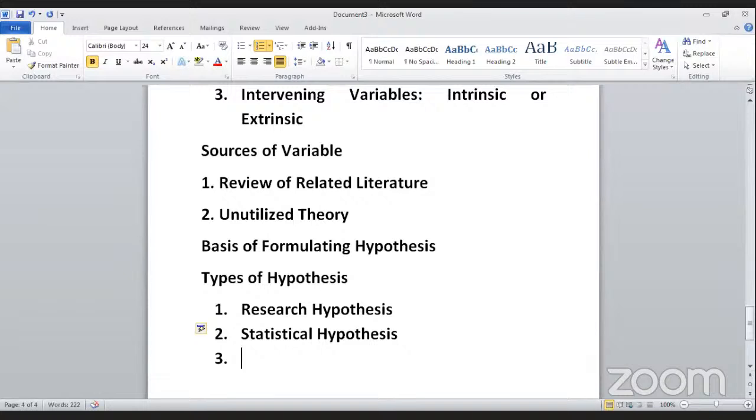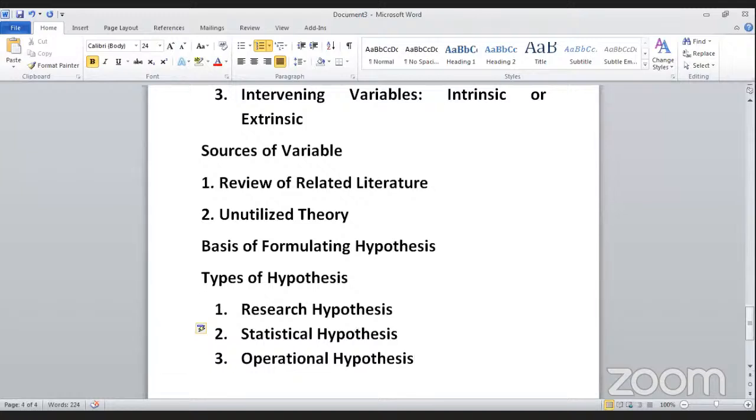And another is called operational hypothesis. I do not know how many of you know these three types of hypothesis.